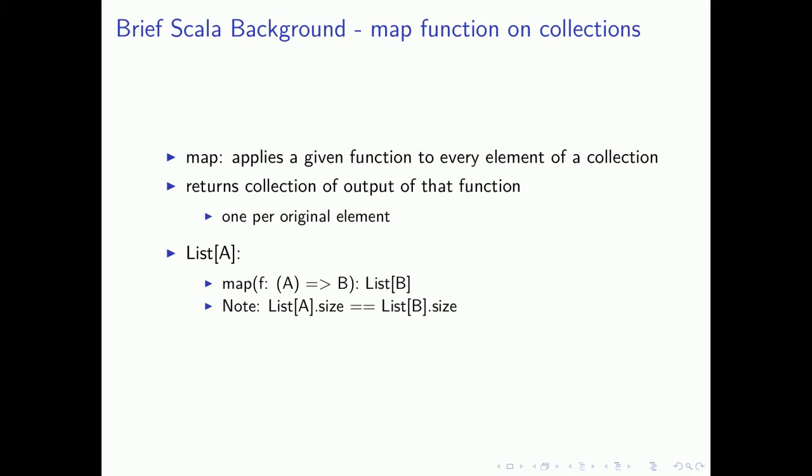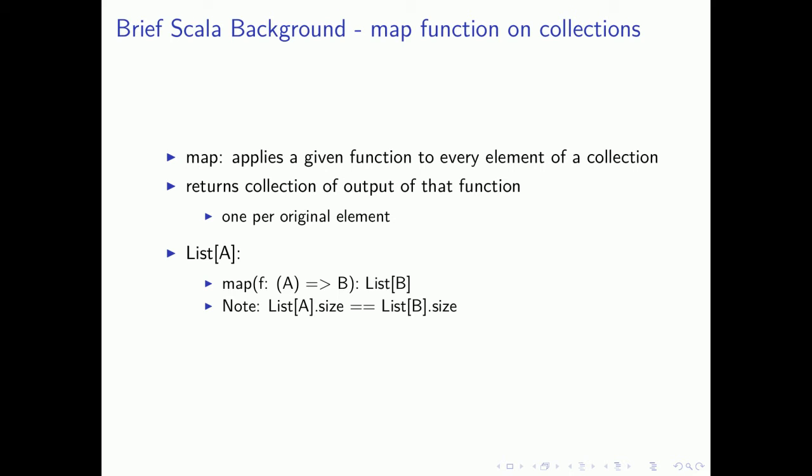with those new elements. So basically what we're saying here is, let's say I have a list of type A. So I have a bunch of things in there that are A's, maybe strings or something like that. So in my map function, I've got to give it a function that as an input takes an A, something of type string, and then it can return something of type B. It could be the same, it could be another string, and we'll see some examples of that here in a second.